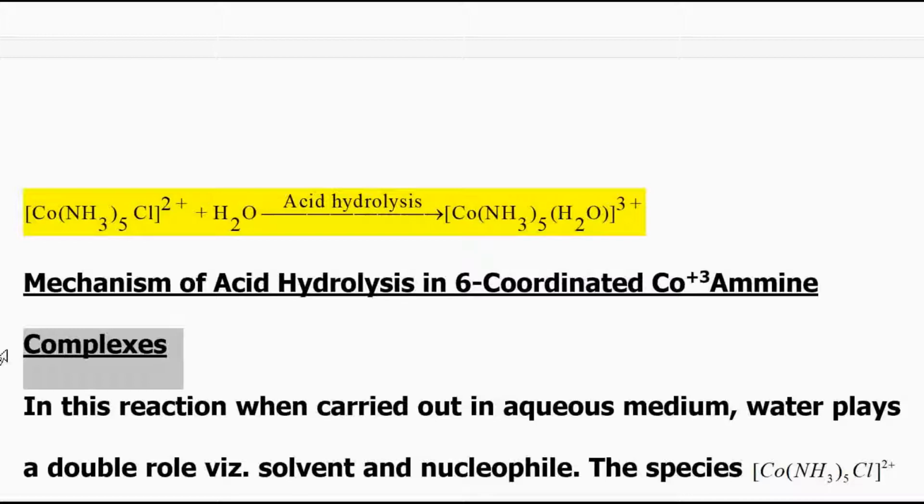So for some reaction, if you know that the mechanism is either SN1 or SN2, then what you have to do is change the concentration of the substrate and see whether the rate of the reaction is changing or not.